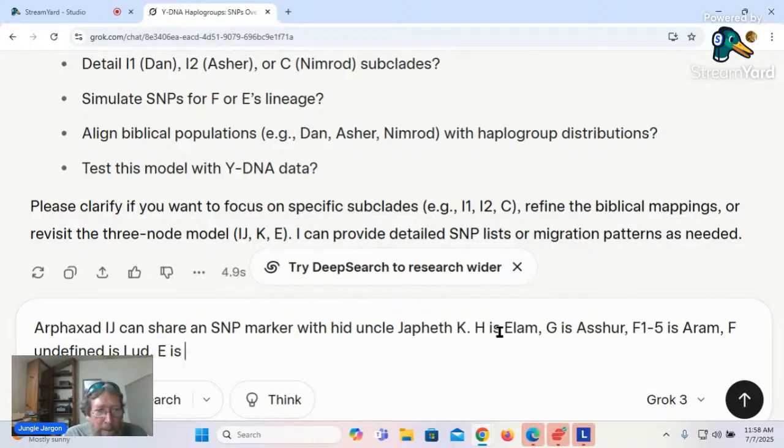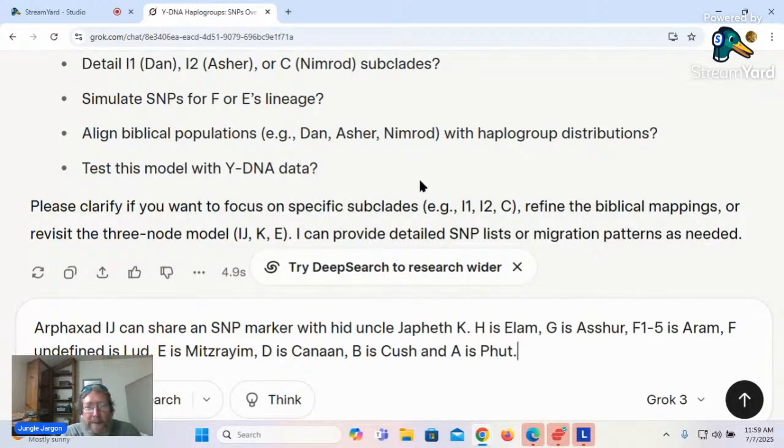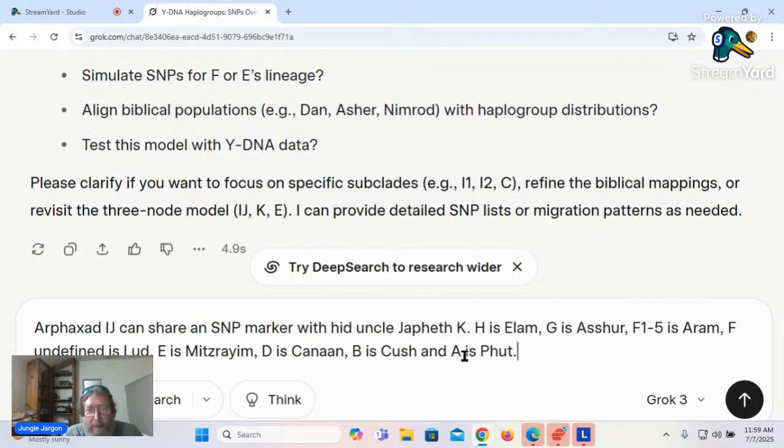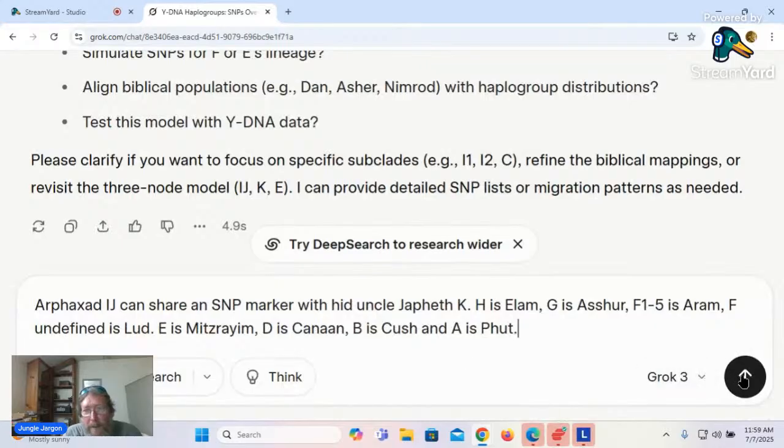E is Mitzrayim. D is Canaan. B is Cush. And A is Put. All right, let's see what kind of a diagram he comes up with here. There we go.